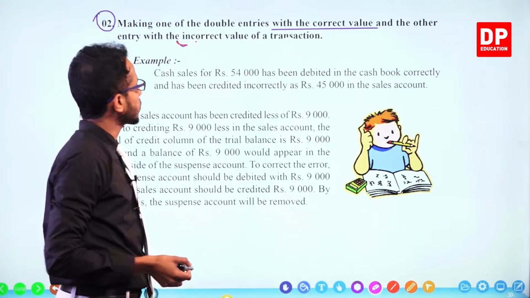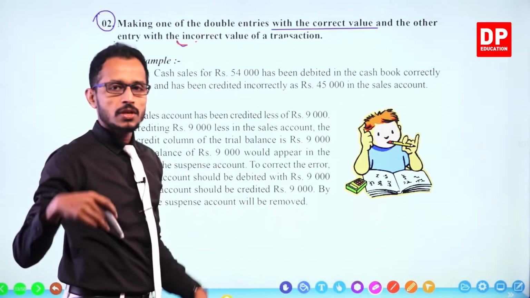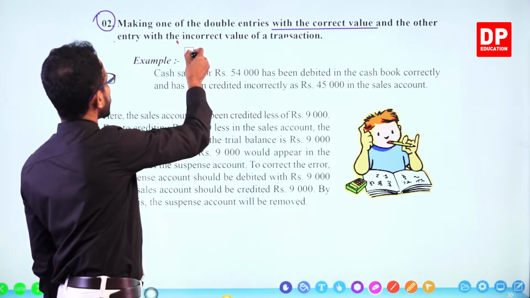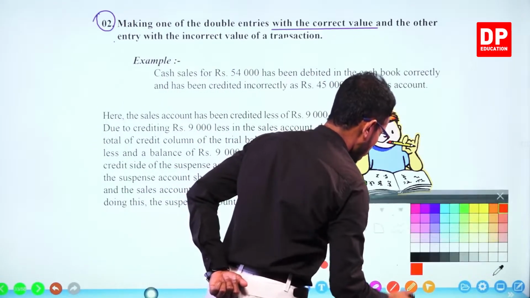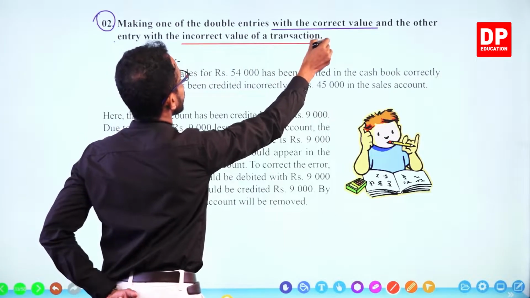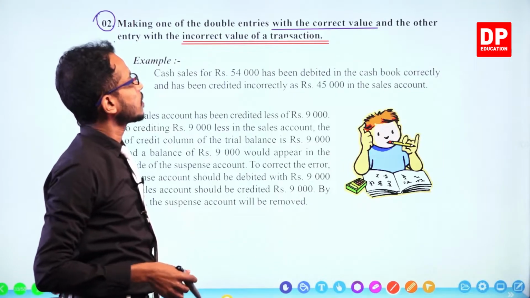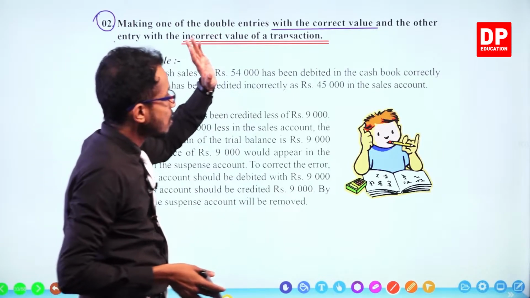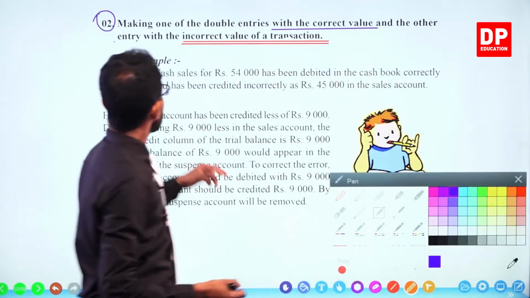We'll take the same example and we'll take our own example to make it clearer. Right, so children, I'm going to use red color to show you the incorrect value, just to make it clear to you.